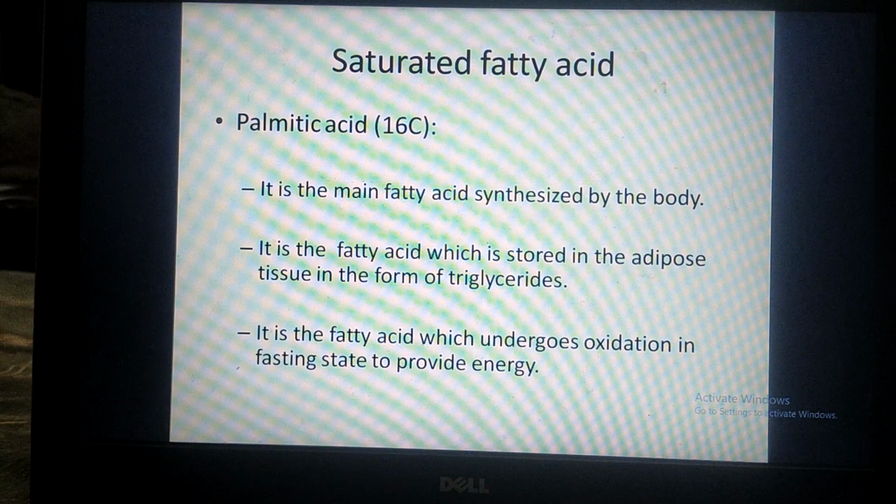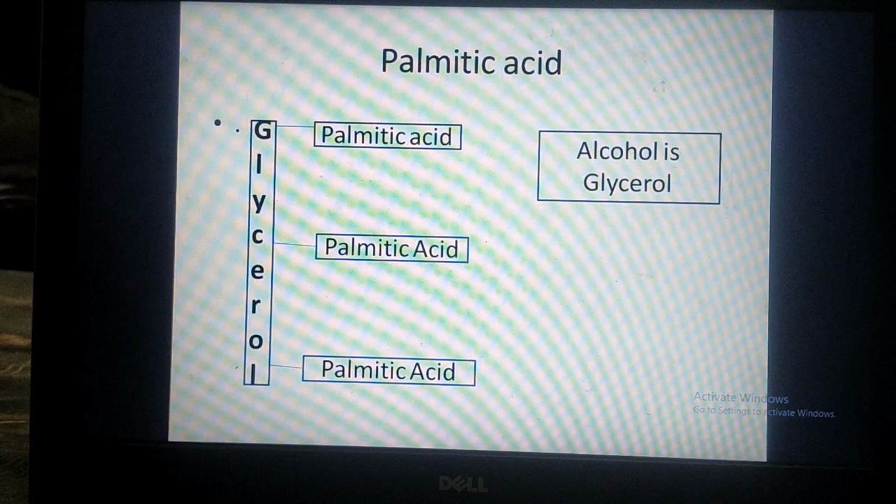This palmitic acid undergoes oxidation in the fasting state to provide us energy. So this is the structure of palmitic acid. Here actually it is the structure of a triglyceride called tripalmitin. A glycerol molecule is there, to which 3 palmitic acids are attached.